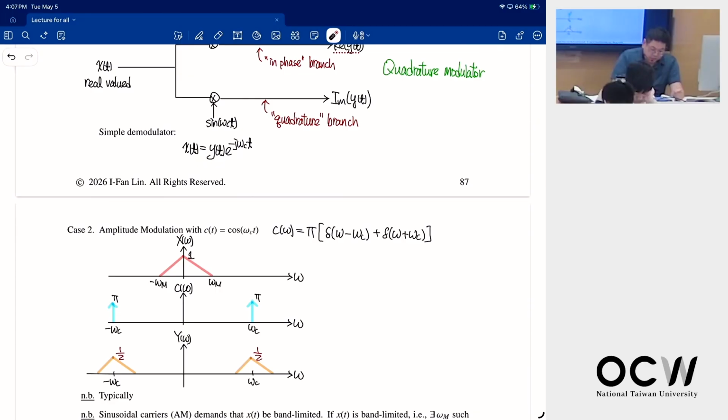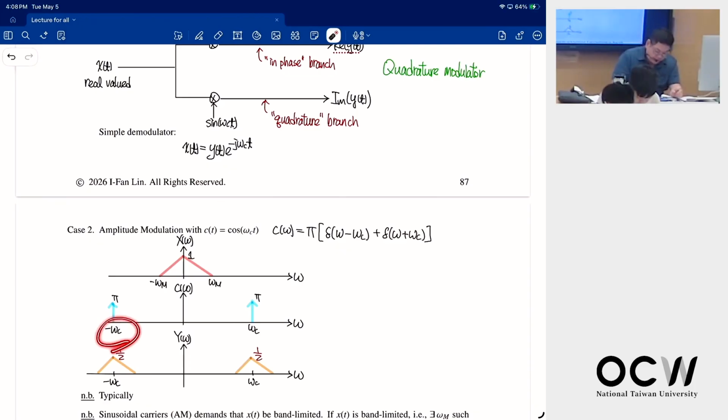So when I do the convolution, my signal is shifted, or we say centered, around the carrier frequency, and the magnitude goes half.